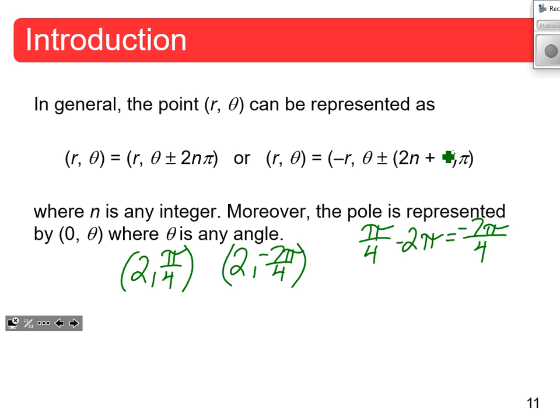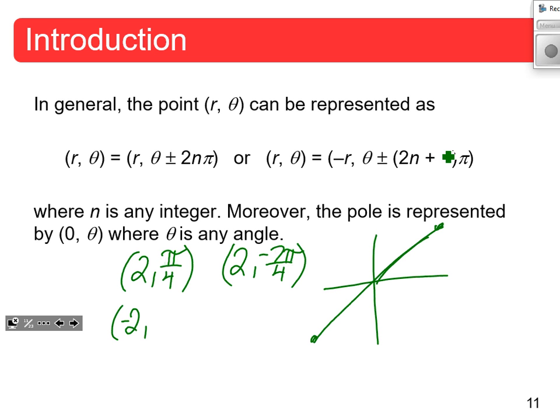That's another way to represent it. Now, we could have negative 2 comma, well, we would need to add, because this here is in the first quadrant, so we need to add in the third. So we'd add pi, which would be 5 pi over 4.